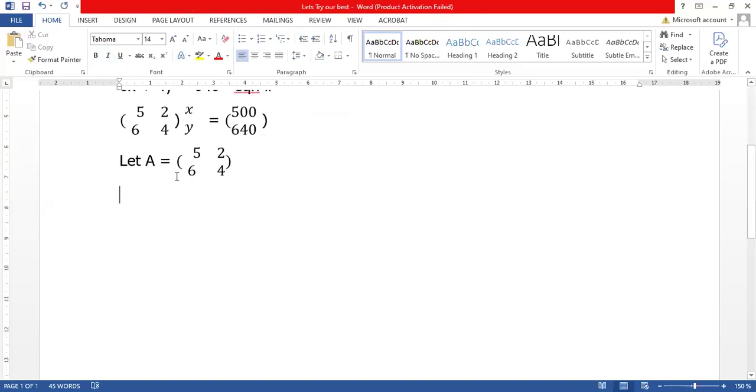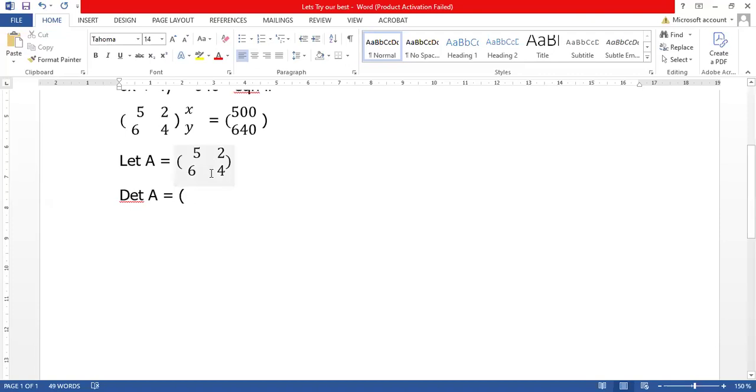Then from this, you're going to look for the determinant of A, because when you're using inverse, you need a determinant. You cannot use the inverse matrix method when you don't have the determinant of a matrix. Do you recall how we get the determinant?